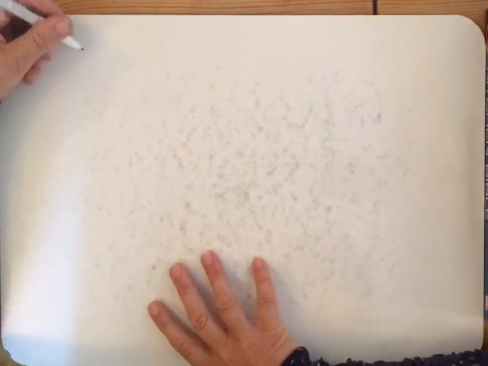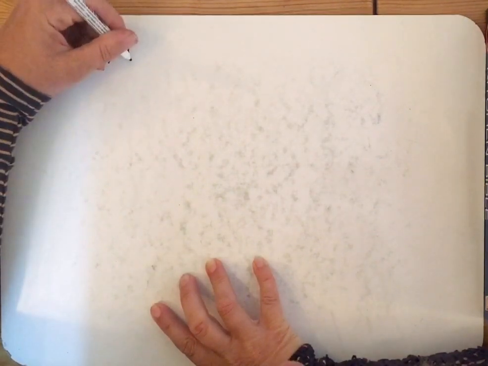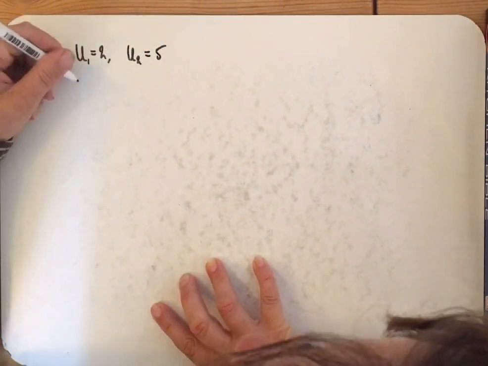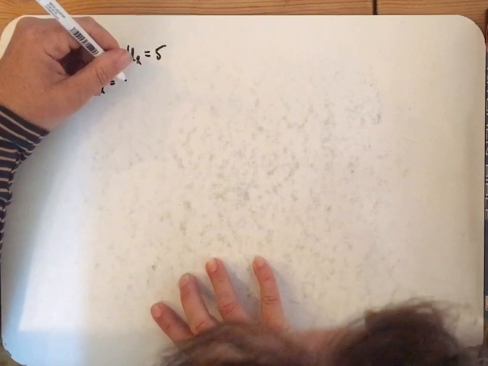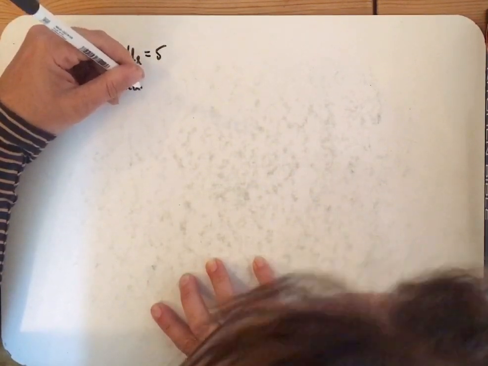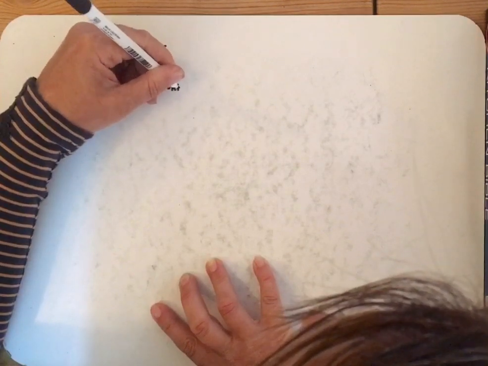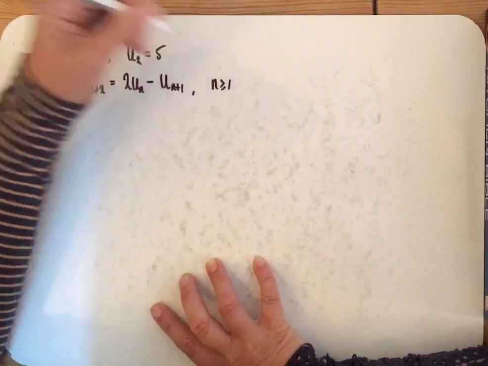So sometimes you're given the first 2 terms. So the first term is 2, second term is 5, and then un plus 2 equals 2un minus un plus 1, and n is greater than or equal to 1.